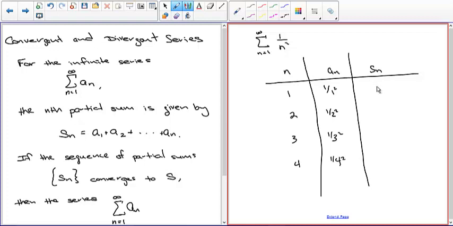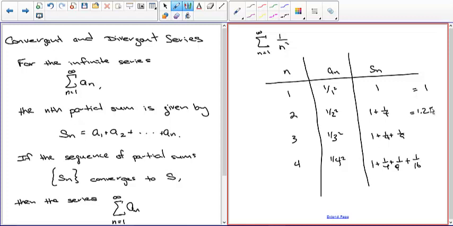So the partial sum here is 1. Here it's 1 plus 1/4. Here it's 1 plus 1/4 plus 1/9. Here it's 1 plus 1/4 plus 1/9 plus 1/16. So we get 1.25. I'm going to do it in decimal form.